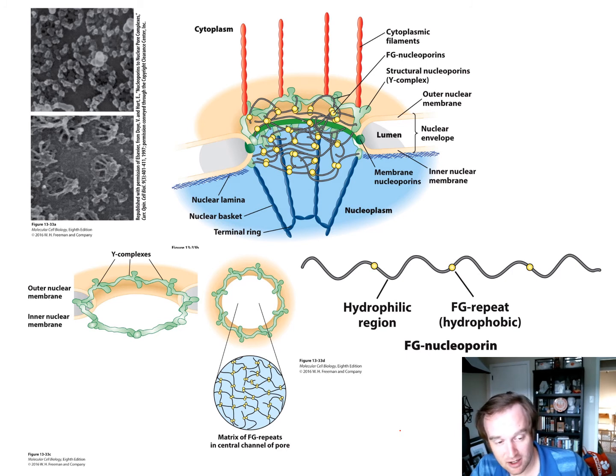In this figure, we have some EM figures of these pore complexes in Xenopus eggs. Take it for what you will. They're very difficult to comprehend, I think, compared to the other figures. But looking at figure B on the right-hand side, we have the nuclear pore complex model and the major structural features that are formed by membrane nucleoporins, structural nucleoporins, and FG nucleoporins.